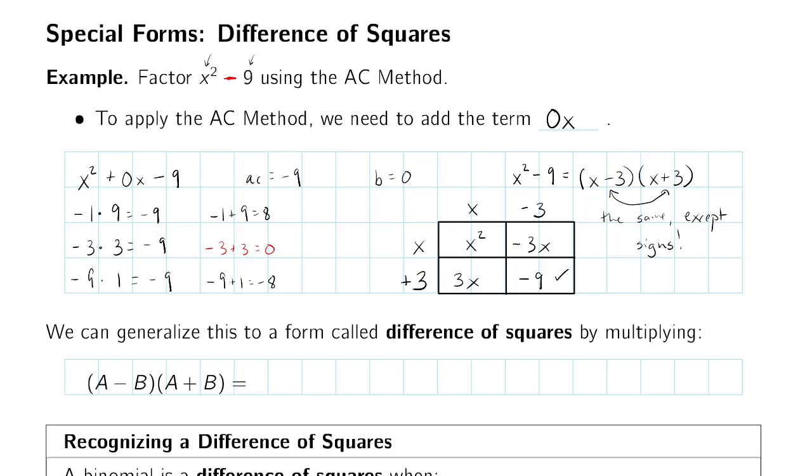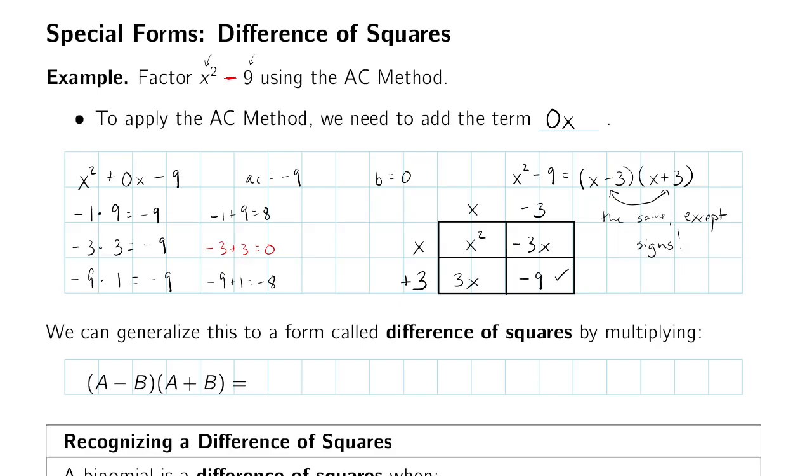And in fact, that will always work. If we have two terms that are perfect squares but they're subtracted, then we can factor that as two factors that are the same except for the signs.